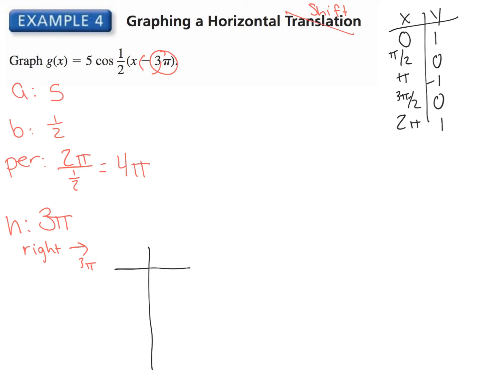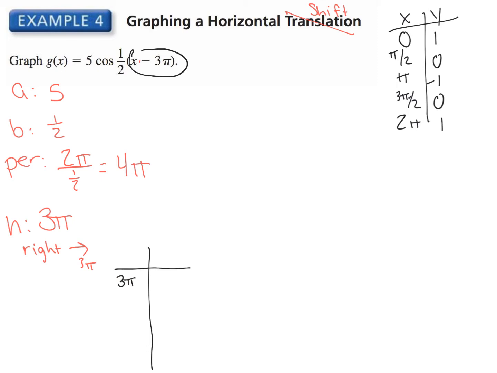And if you see, we have two things affecting our x values. First, we have this shift. So that means we are shifting our points 3 pi over. So instead of starting at 0, we're starting at 3 pi.